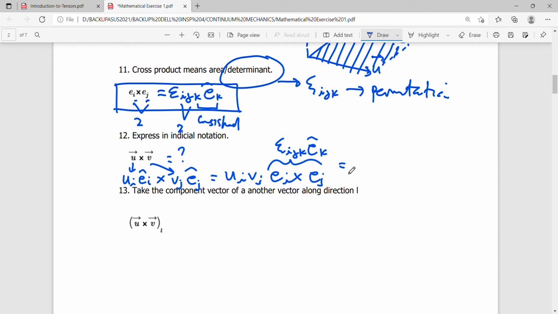So I now finally have U_i V_j epsilon_ijk e_k.